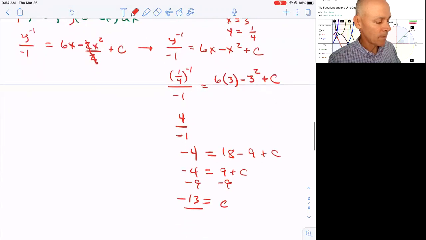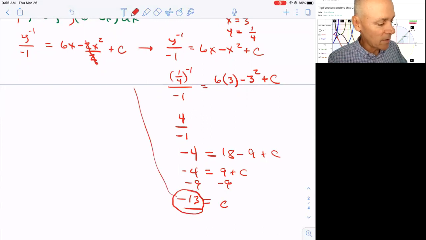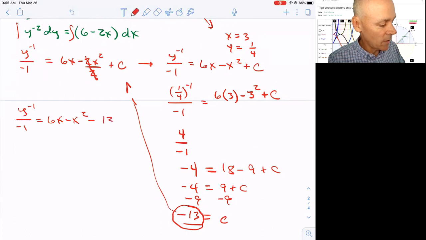-13. I'm going to take this value, the value of my constant of integration, and plug that in for c. So now I'm going to rewrite my equation: y to the -1st over -1 is equal to 6x minus x squared minus 13. Now all I have to do is solve for y.